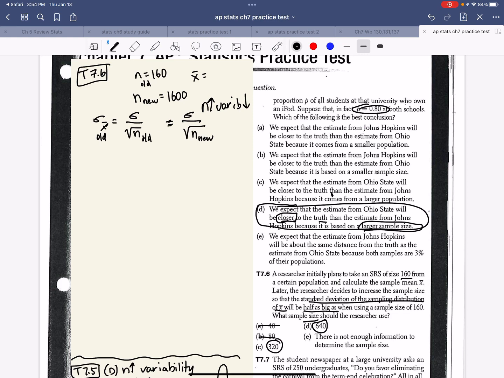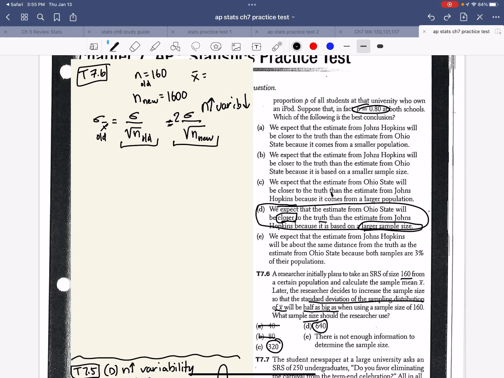So you would have to take 2 times this one, right, for them to be equal. So again, if this ended up being, I don't know, standard deviation of 8, then this would have to be half as big, so that'd be 4. So you see how I set up that formula? 4 is half as big as 8.